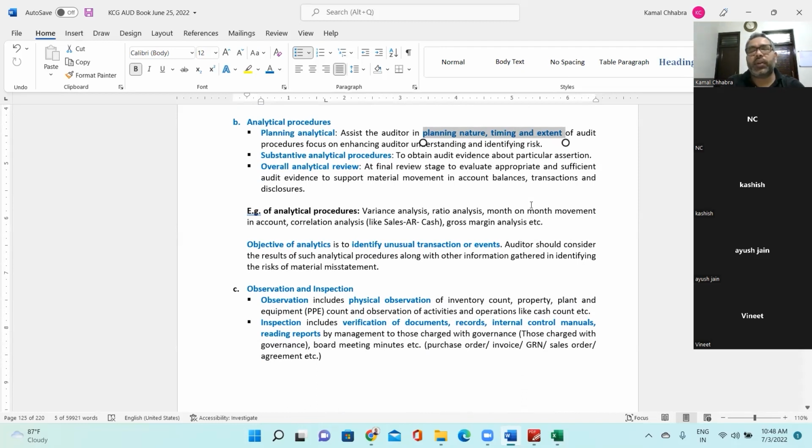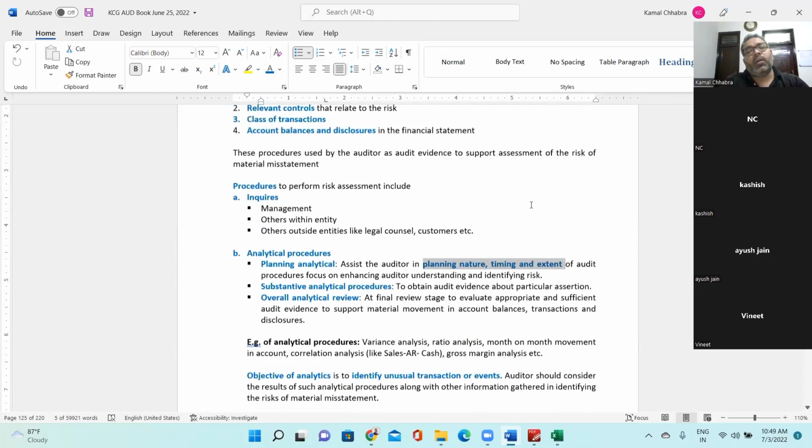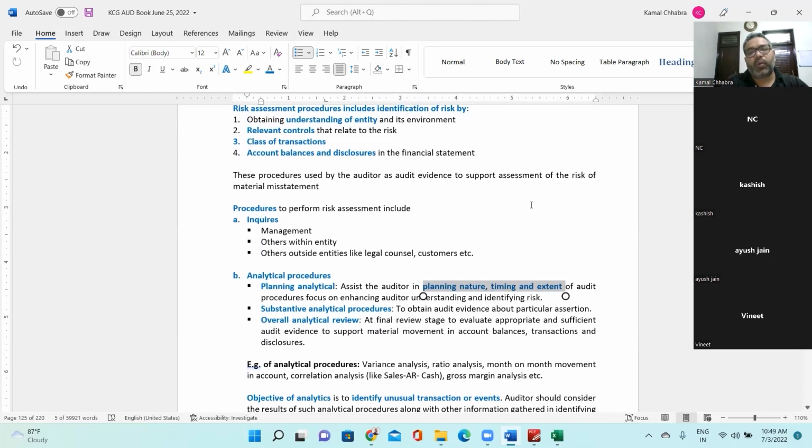So when you do the respective analysis of the respective account balance, whether at the planning stage, the execution stage or the completion stage, you gain more understanding about the respective line item and the nature of transactions in it, and you can plan better audit procedures to conduct the audit of those line items, right?